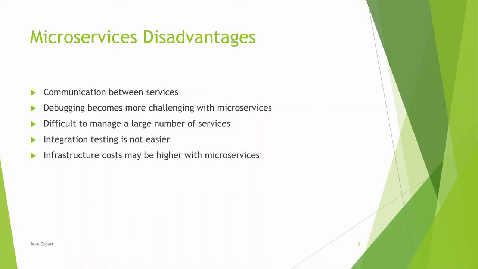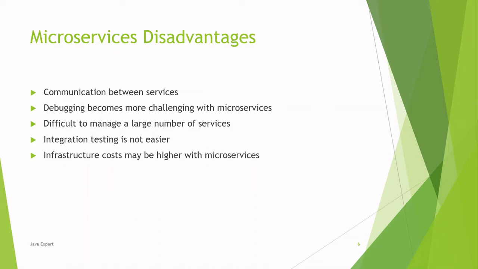So when a client is requesting a particular service, that service needs to communicate with some other services so that the client requirement can be satisfied. So each service needs to communicate with the others, right? In the monolithic architecture, that's not the case, because everything is packaged in a single file, right?